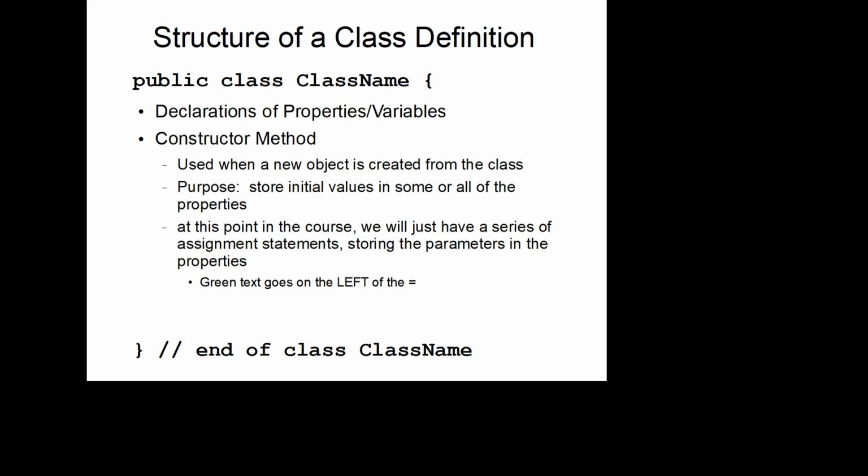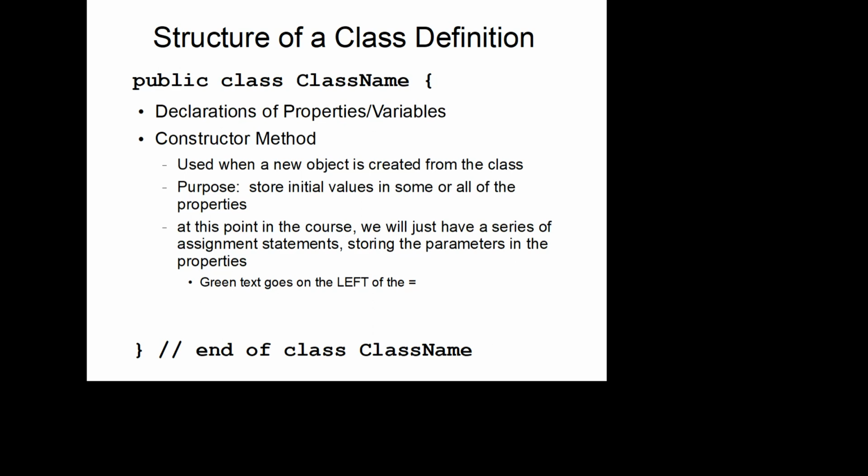The constructor method is used when a new object is created from the class. In some other part of the program, we say, hey, I want a new tree, or I want a new flag, and that's when the constructor is invoked. The purpose of the constructor method, at least at the beginning of the semester, is simply to set up or store the initial values in some or all of the properties that we declared previously.